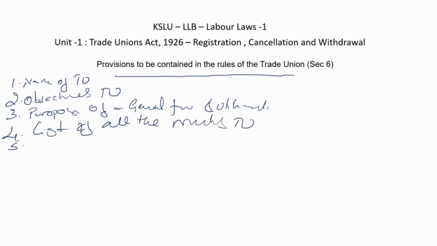Not only that, it also should contain the office bearers, the executive committee like president, vice president, secretary, and treasurer. All these details should be provided in the rules of the trade union.